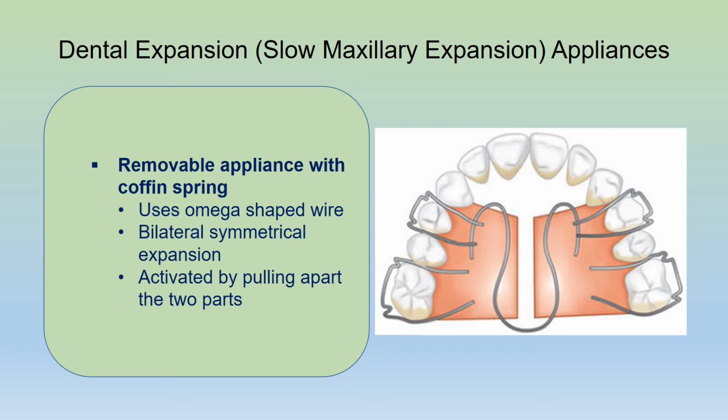Another way is to use a removable appliance with a coffin spring. The coffin spring consists of an omega shaped wire, as we see in this diagram. This is the omega shaped wire. It can produce bilateral symmetrical expansion, and it can be very simply activated by just pulling the two parts apart.